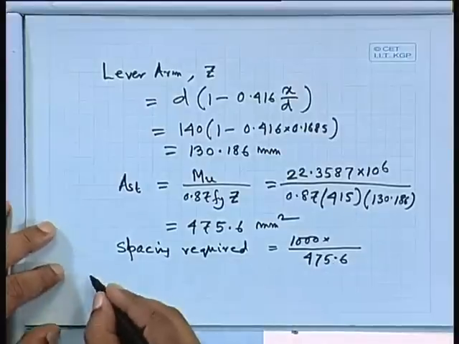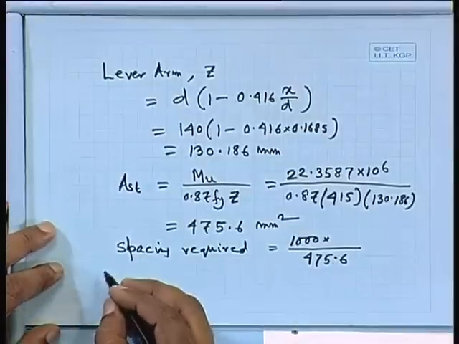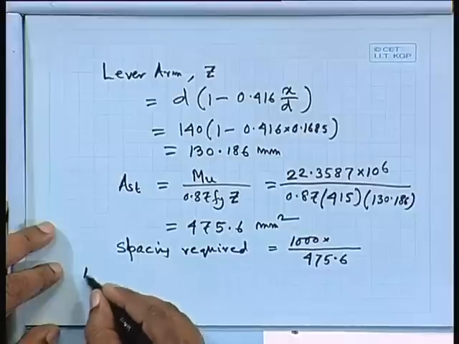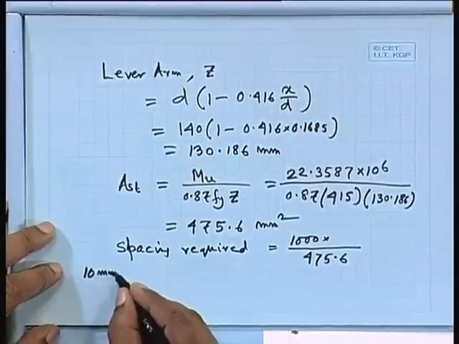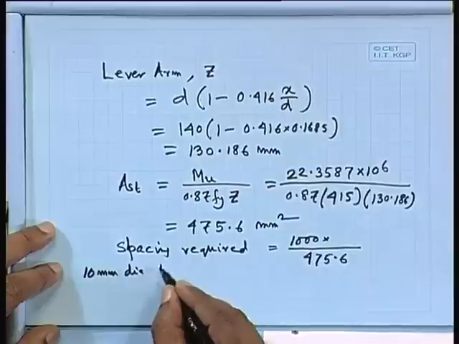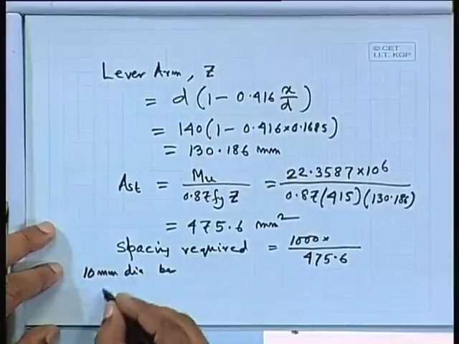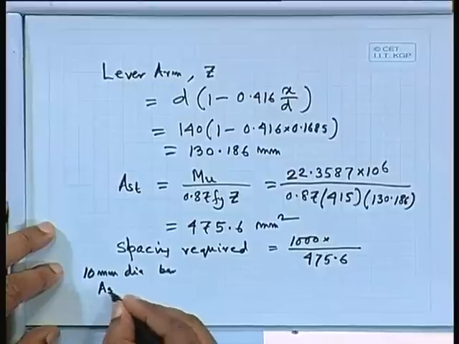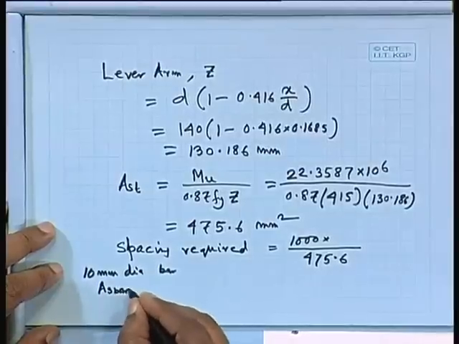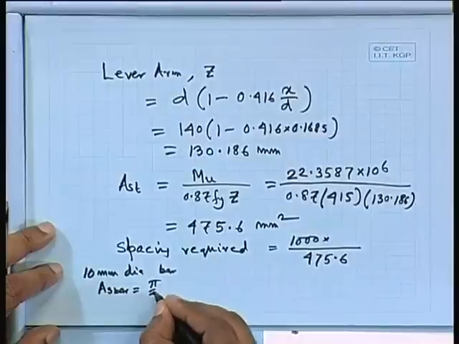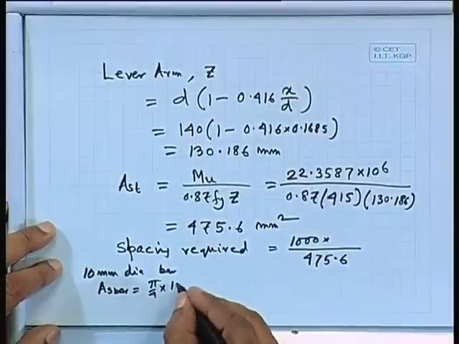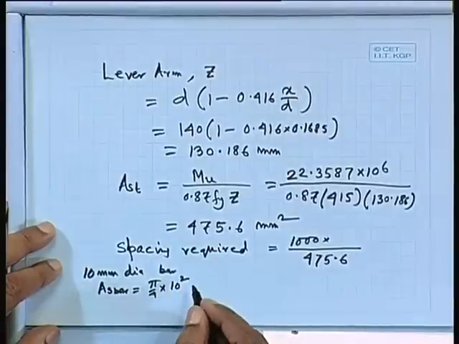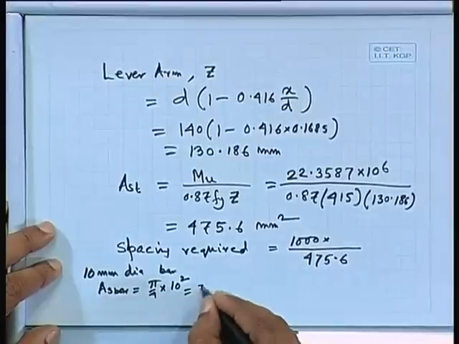For an individual bar, let us take say 10 millimeter. So, we can get the area of one bar, if I consider, here 78.5.